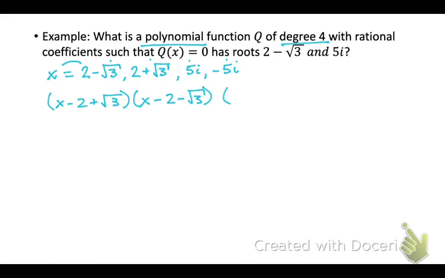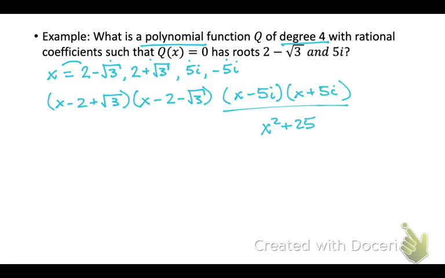And then I'm going to have x minus 5i, x plus 5i. Hopefully you could already tell me that this is x squared plus 25. Why would I say that? Is it x minus 5i and x plus 5i, that difference of squares? Without the i, it would be negative 25, right? But with that i, it changes it to a positive.